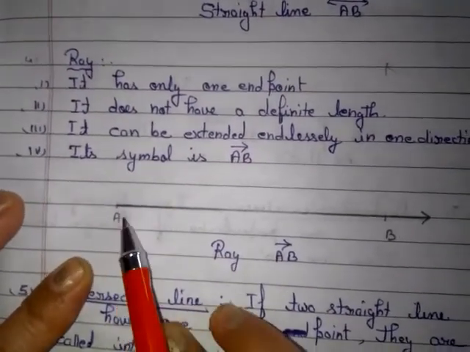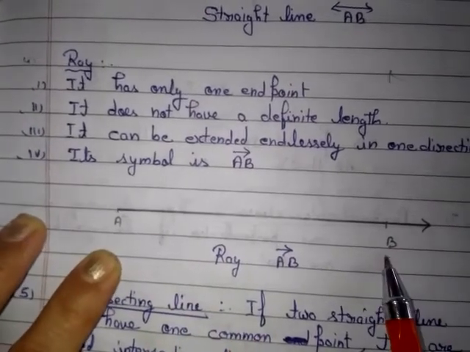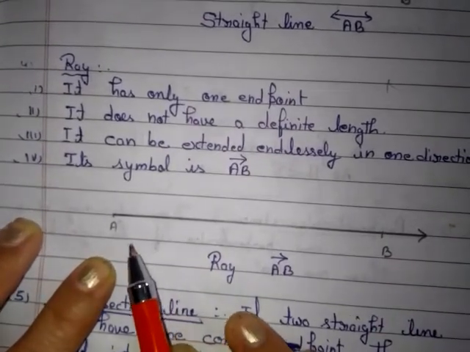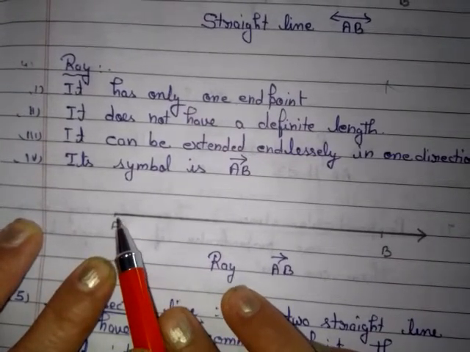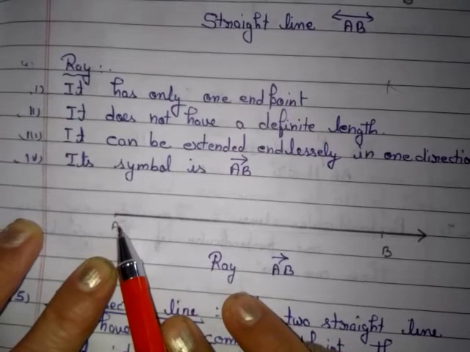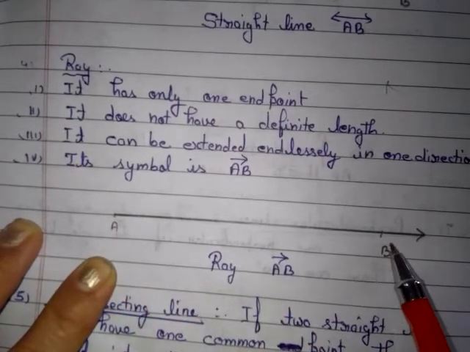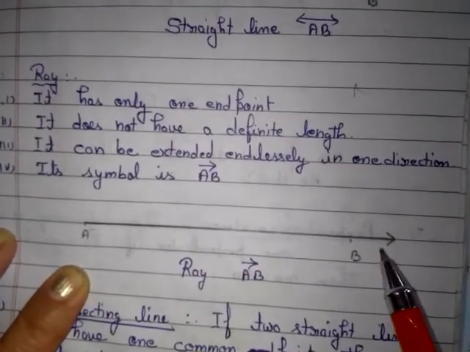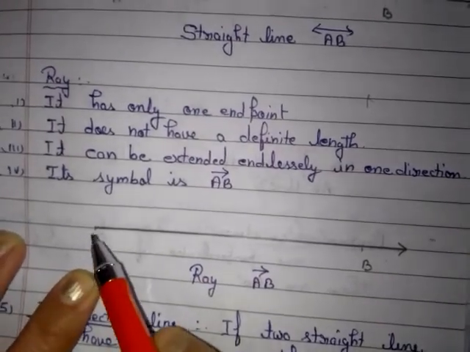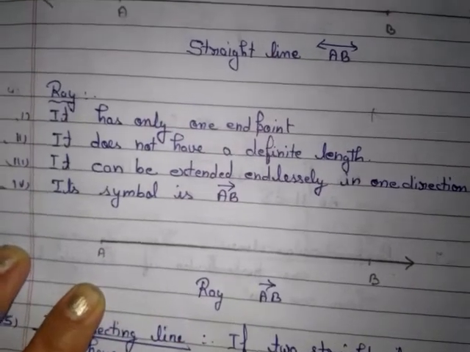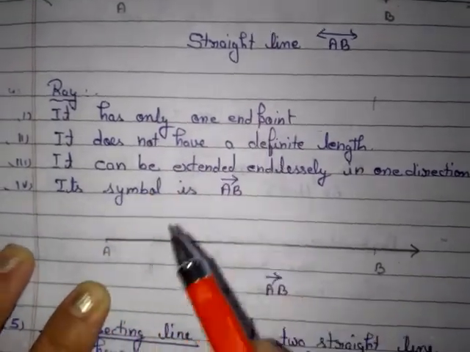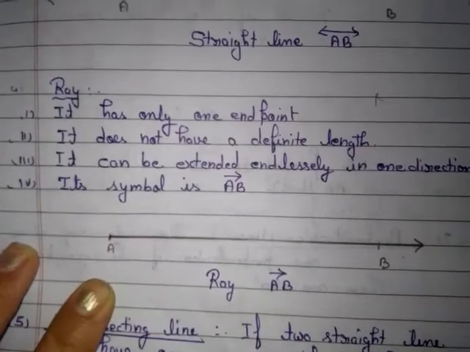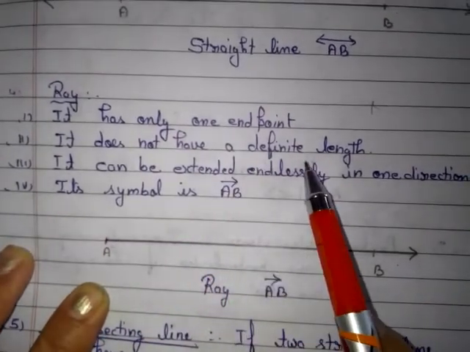Now come to the next, ray. Children, see the diagram of a ray. This is ray AB. So what is the difference here? In a ray, 1 endpoint is fixed and the other point extends only in one direction. So a ray has only one endpoint, that is point A. It does not have a definite length.